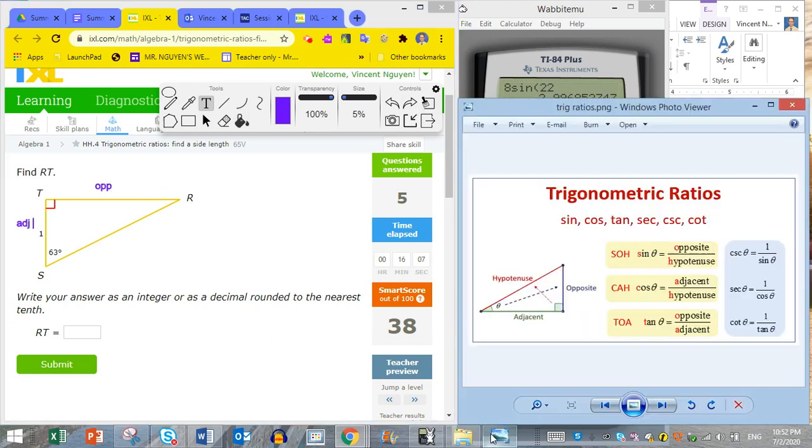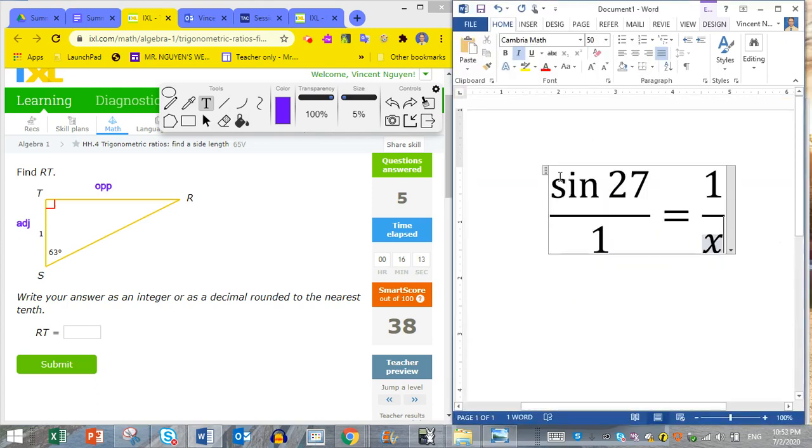Well, let's review our chart again. Opposite over adjacent is the tangent function. So I'm going to be setting up my tangent proportion. Tangent of 63 degrees equals opposite over adjacent. Opposite would be x because I don't know what it is, and adjacent would be 1. So if I cross multiply, x times 1 is x.